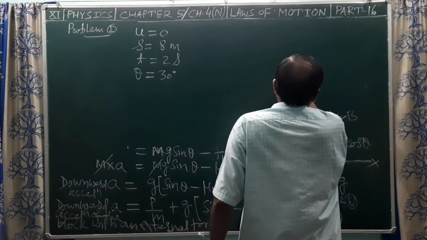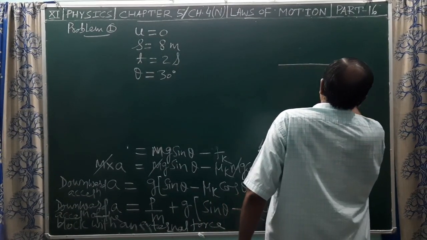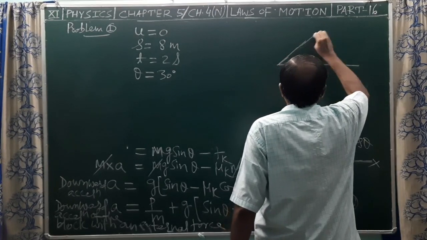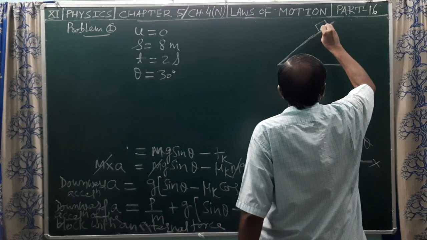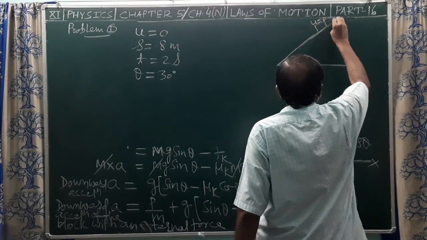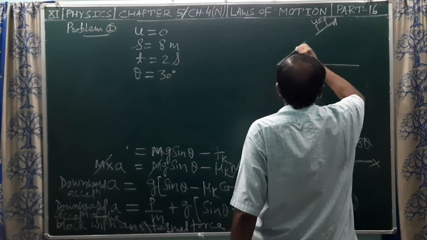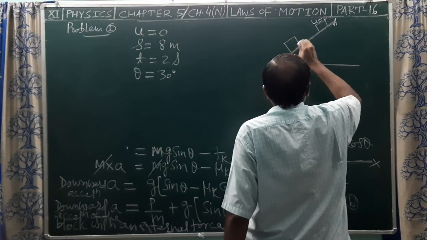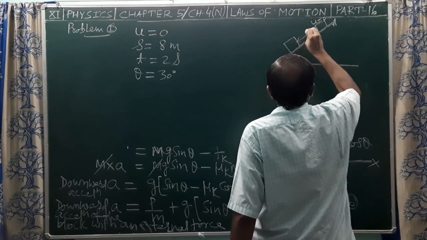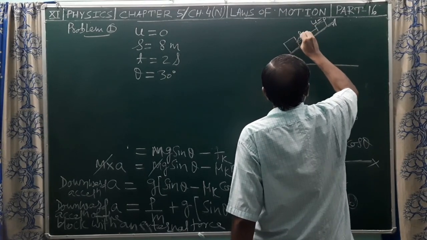The block starts from rest, that is initial velocity is equal to 0, and it slides down 8 meter in first 2 seconds. S is equal to 8 meter.